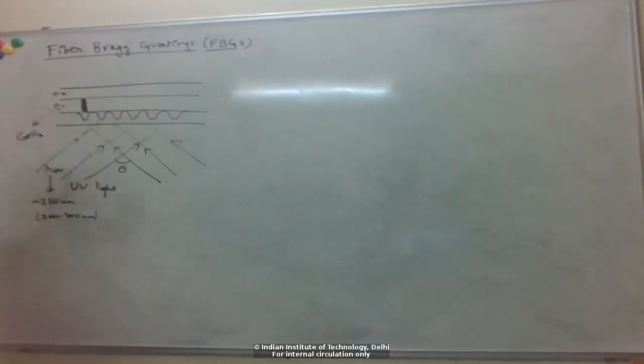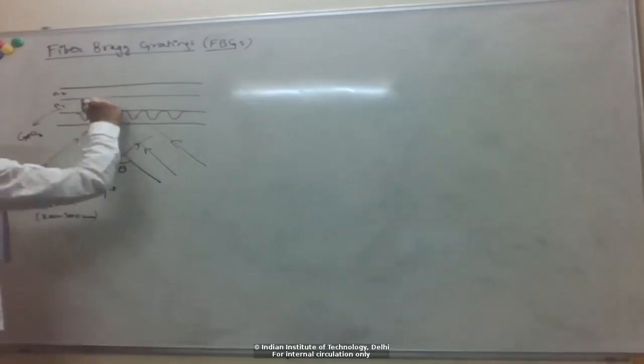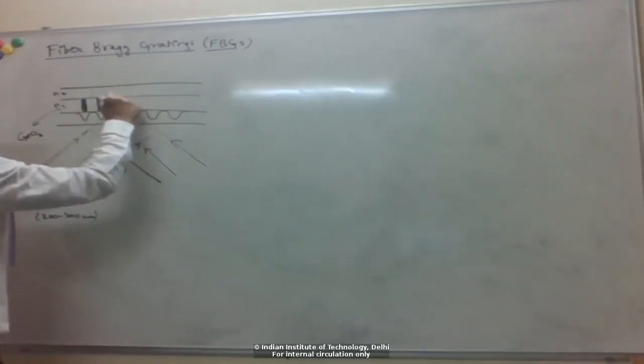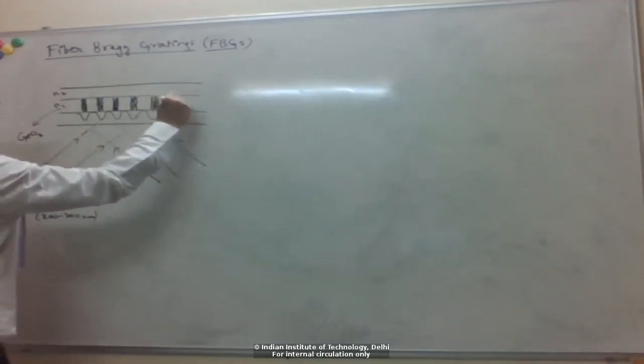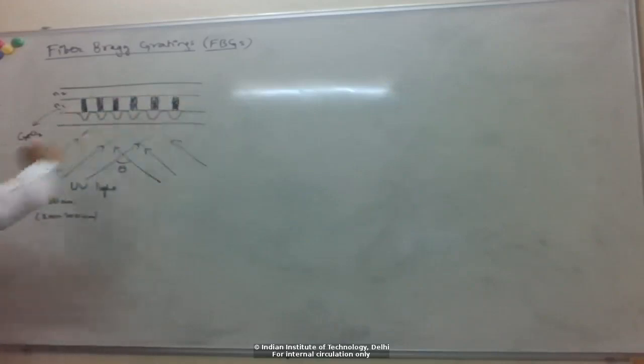So wherever the UV intensity is high, the refractive index increases slightly. So you get this periodic structure within the fiber core.